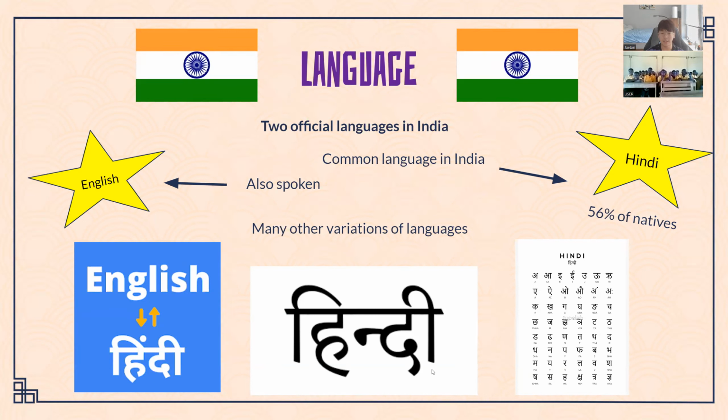But down here is an example of Hindi and how it's written, and this is what it looks like. You can see it really is different from English since it uses a lot of weird characters that you guys might not be familiar with, but this is what people write and speak in India. So that was the language.